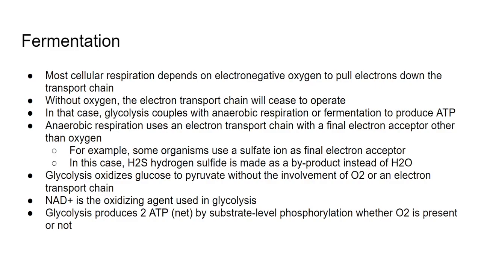Remember, glycolysis does not require oxygen. It has no need for that. NAD plus is the oxidizing agent, and glycolysis produces 2 ATP by substrate-level phosphorylation, regardless of whether O2 is present or not.